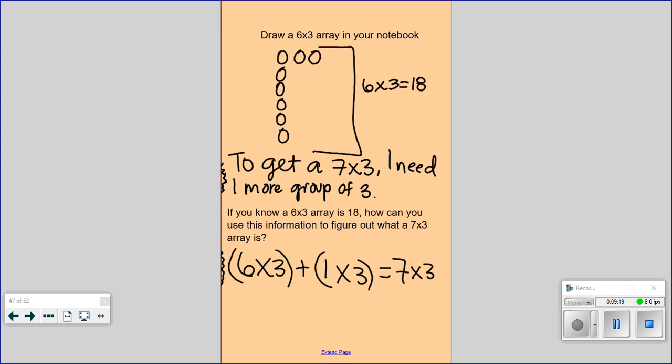Alright, well let's solve that. What was 6 groups of 3 again? Is that right? 18. Plus 1 group of 3. Lucy? 3. Equals.